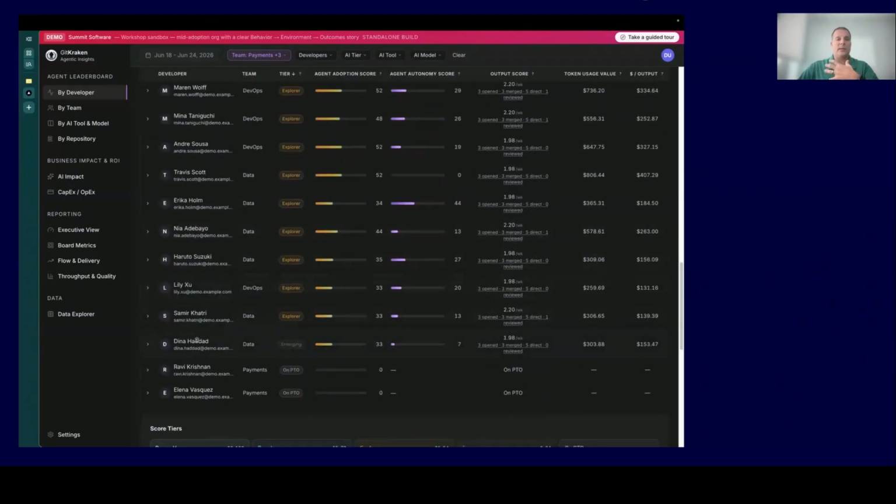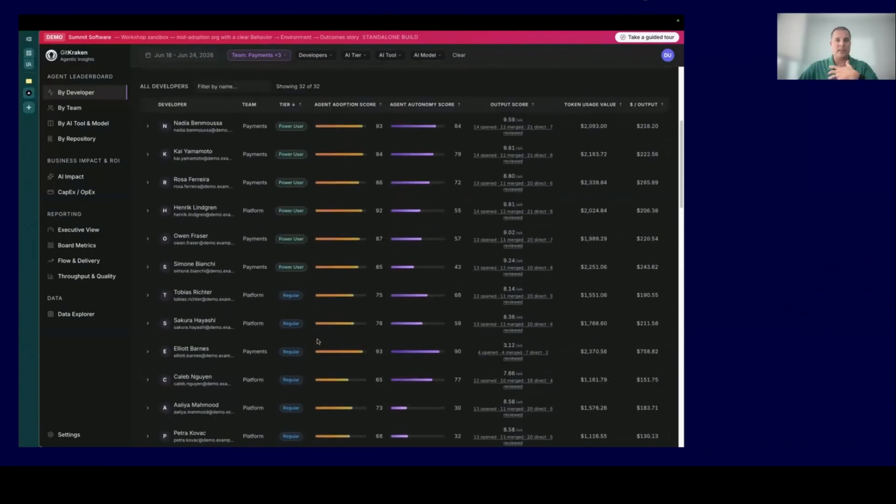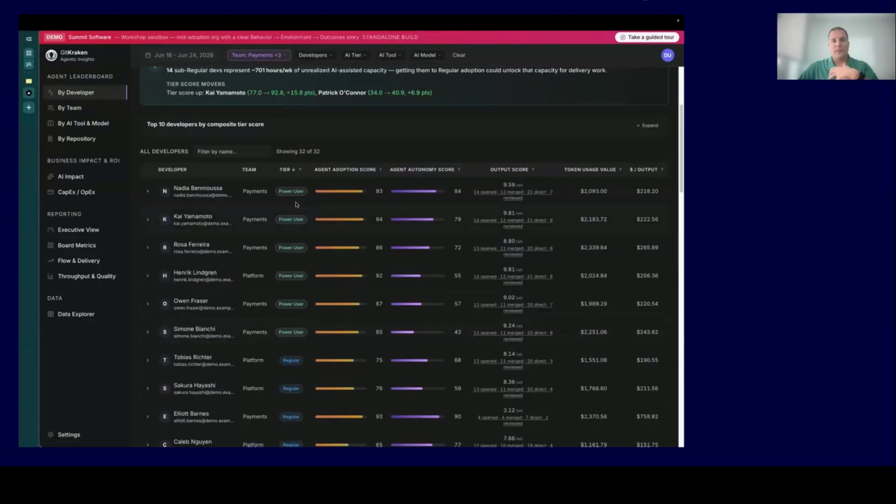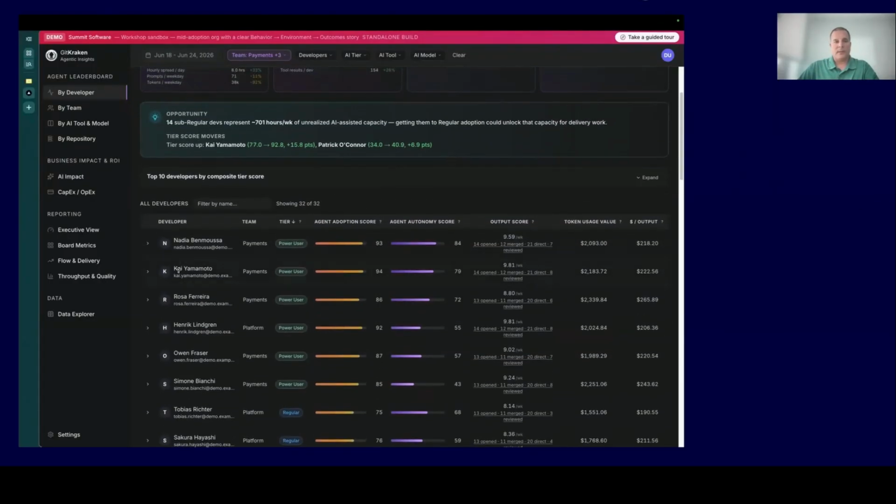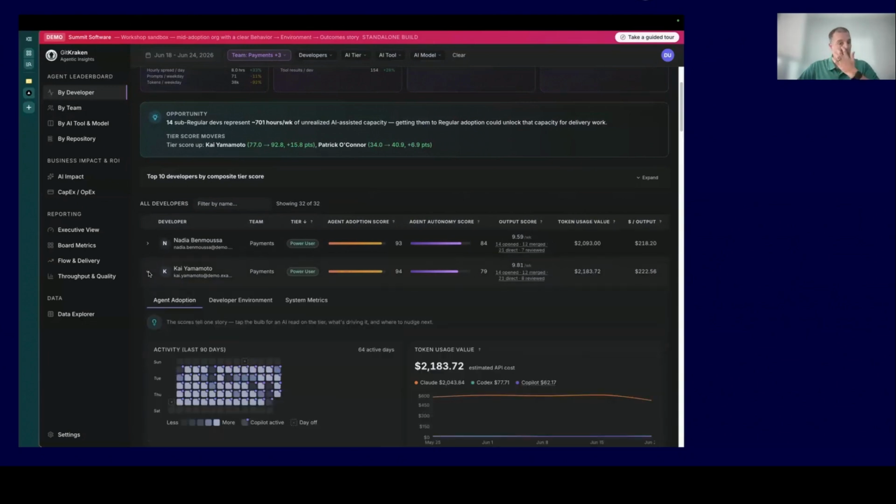And even identify some emerging users, maybe users who are just starting out, who haven't given it a chance, or possibly even are on PTO. You can get that context here in this list of developers. You get the score breakdown for each one. And what's really helpful is we'll dig into one of these power users.